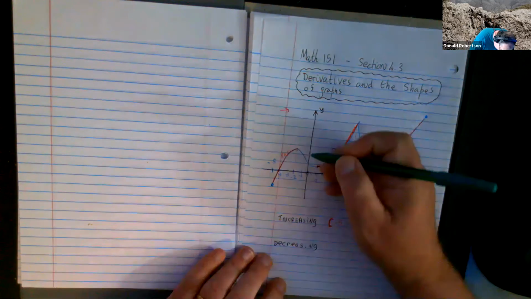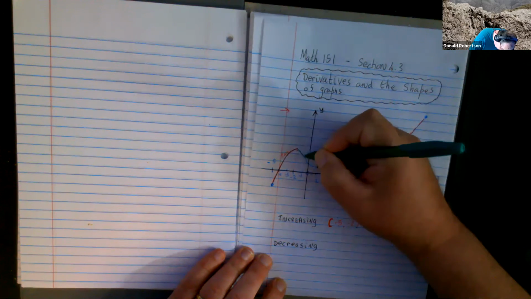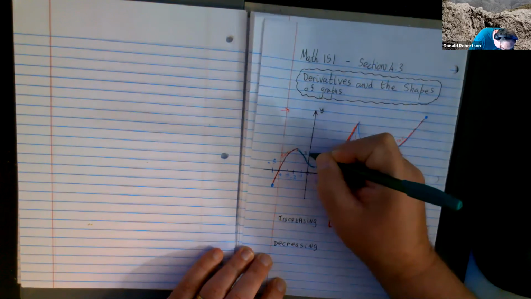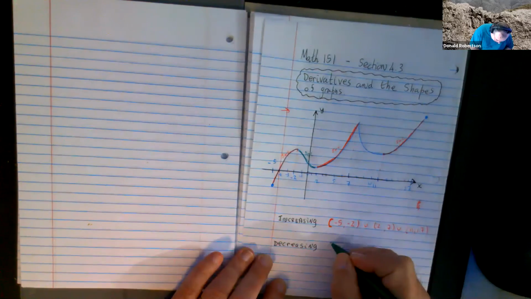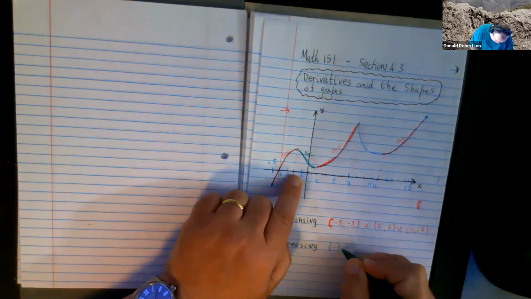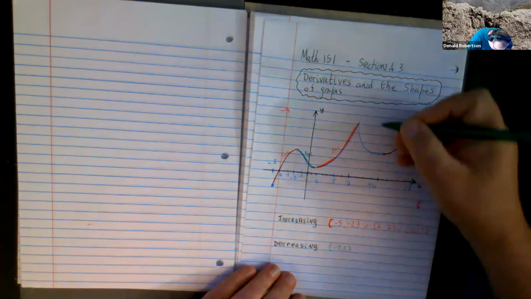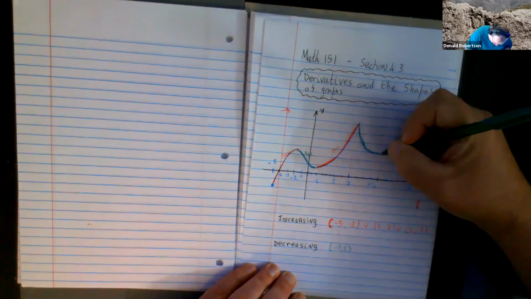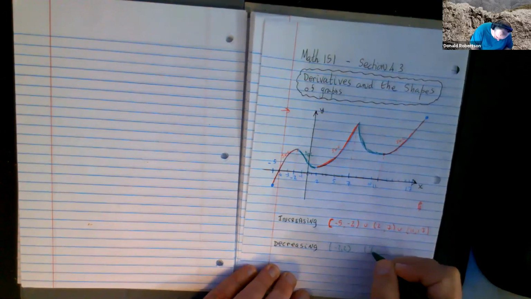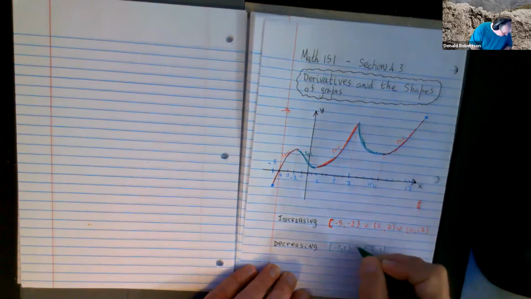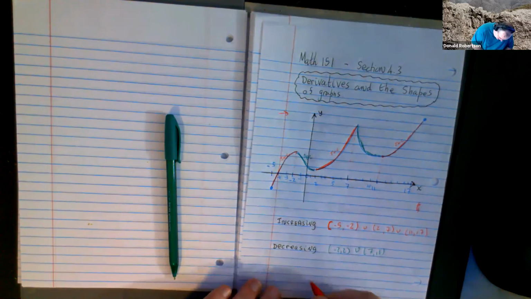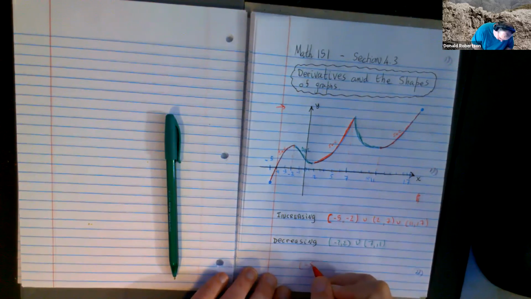And it's not a surprise that decreasing would be this guy. Decreasing would be from -2 to 2, and then there'd be another decrease here, which is what, 7 to 11. And we would do that. So what do they do in WebAssign? You do the interval.